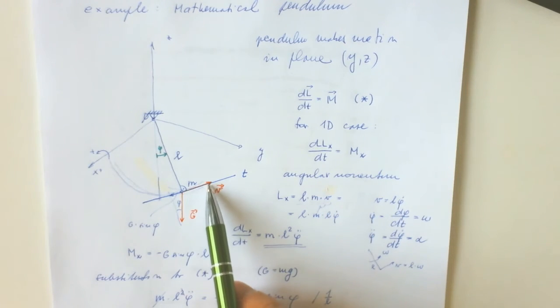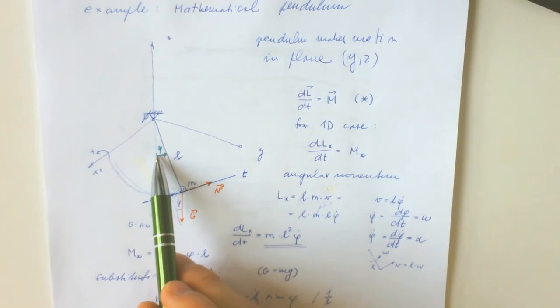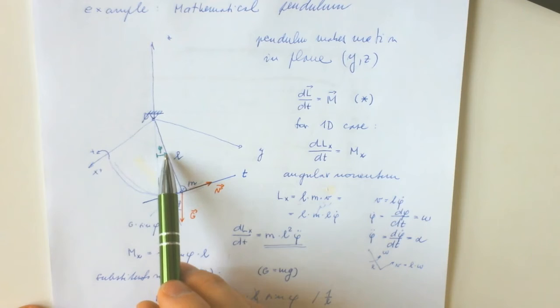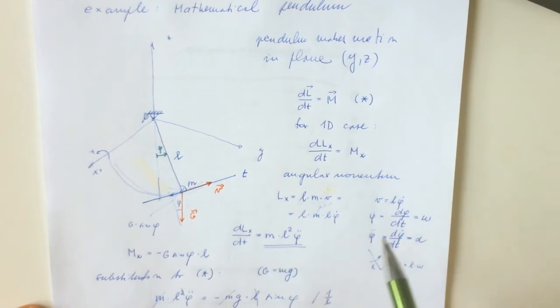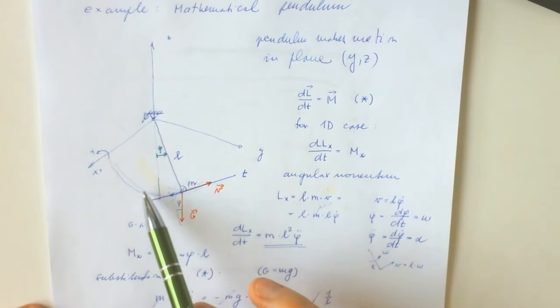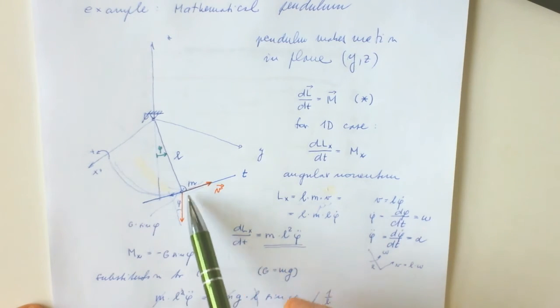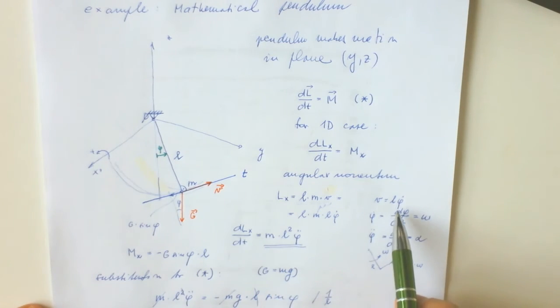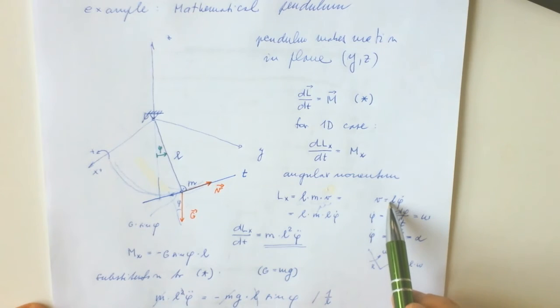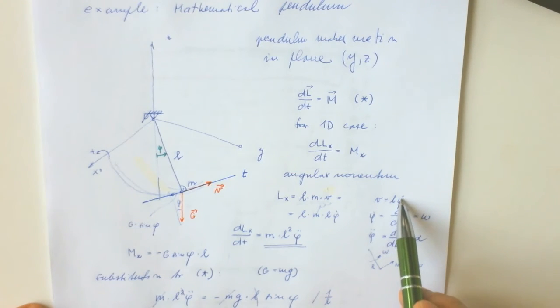What we know about velocity, if we use phi, this angle, for measuring the displacement, follows from motion on the circular trajectory. So velocity, if the particle travels on a circular trajectory, is radius by angular velocity.